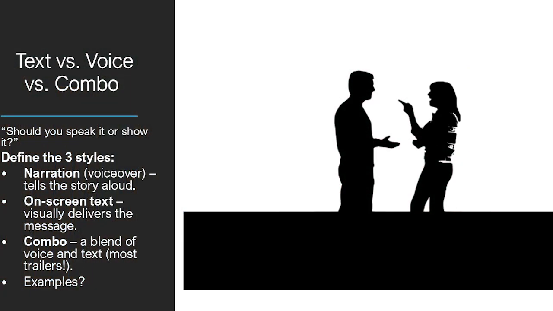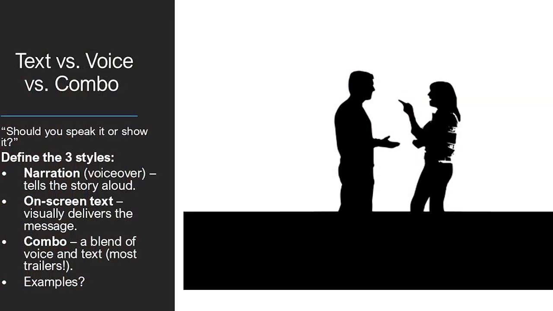On-screen text visually delivers the message, and depending on what color or font you pick, that also sets the tone of what the trailer is about and what kind of emotion you want to set for it. Or you could do a combo, blending the voice and the text. Most trailers tend to do a lot of that.